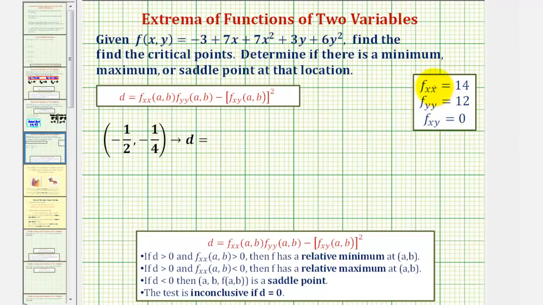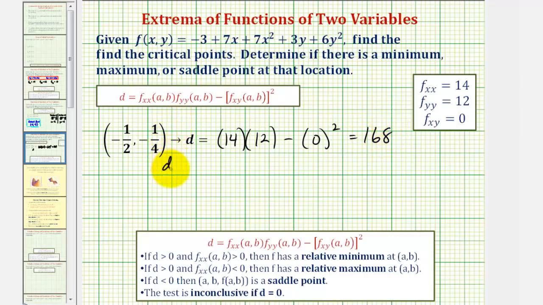And notice in this case, because the second order partial derivatives are constants, we actually don't even need the x-coordinate and y-coordinate of the critical point. We have the second order partial with respect to x, which is 14, times the second order partial with respect to y, which is 12, minus the mixed partial squared, which would just be 0 squared. So this is equal to 168.